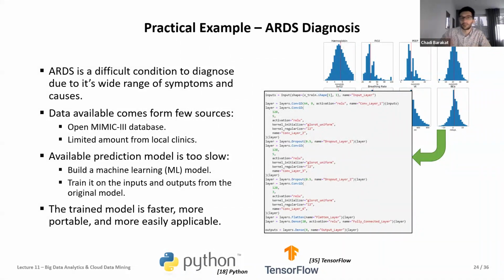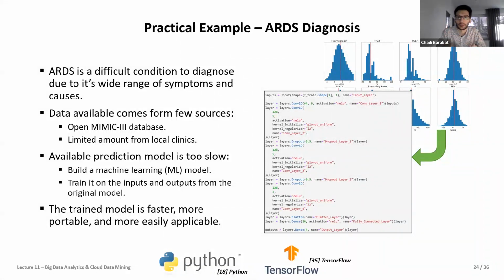Based on that, we trained a machine learning model that does the basic task of a black box, where you feed it the current state of the patient and ask: in 5 minutes, what will happen to them? That model trained well, and it was able to mimic the operation of that computational model, the mathematical model, almost 99%.